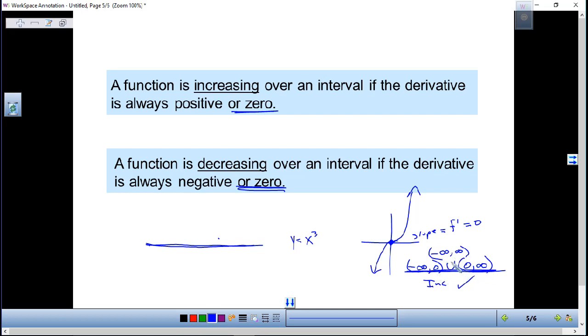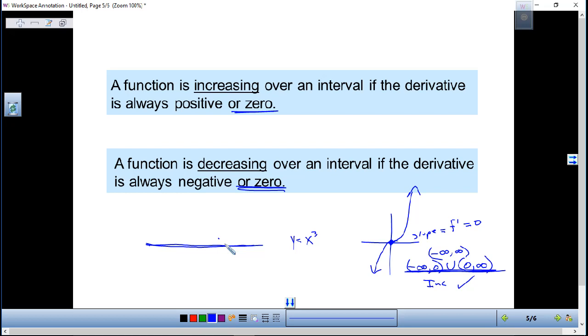You're going to get it right for an interval either way. Just understand that that's the case with the 0. But it can't be an extended period. It can only be like the one point right here. If it's 0 for all the points, it's a horizontal line, which is neither increasing nor decreasing. It's a constant. So hope that cleared everything up as clear as mud.